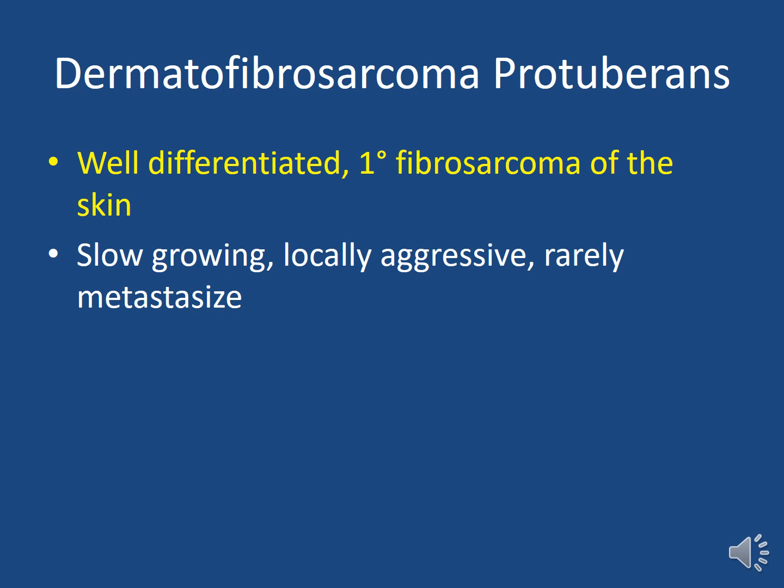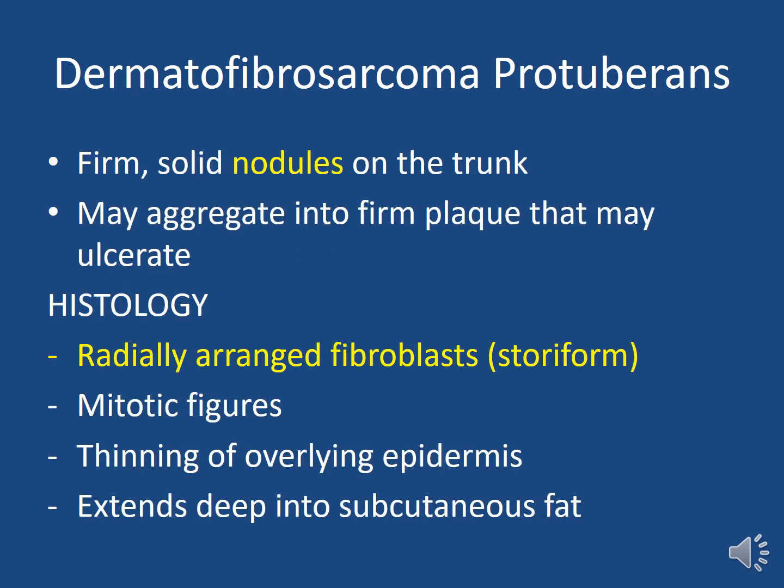This is a well-differentiated malignancy which is considered the primary fibrosarcoma of the skin. Because this is a well-differentiated neoplasm, it is slow-growing, although locally aggressive, and almost similar with basal cell carcinoma, this neoplasm rarely metastasizes.